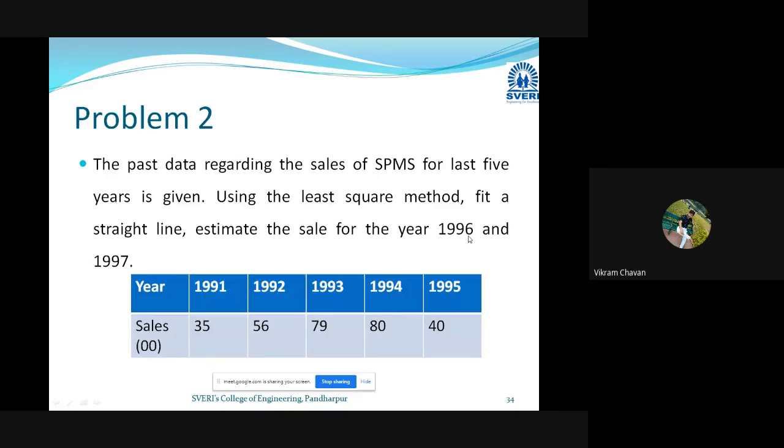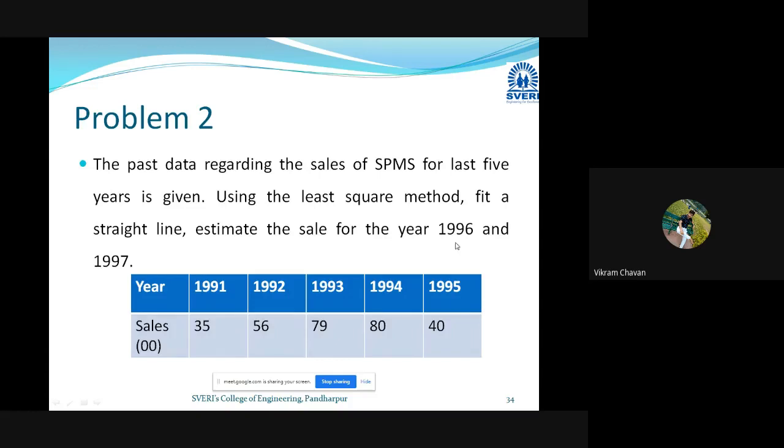We are getting the deviation, that is x value, for the year 1995 as plus 2. So what will be the deviation for the year 1996? It will become plus 3. Yes, I am right. X will become plus 3. And for the year 1997, x will become plus 4.